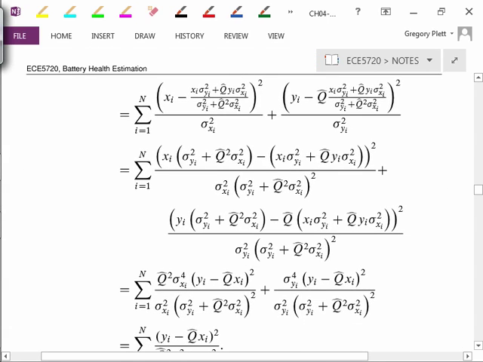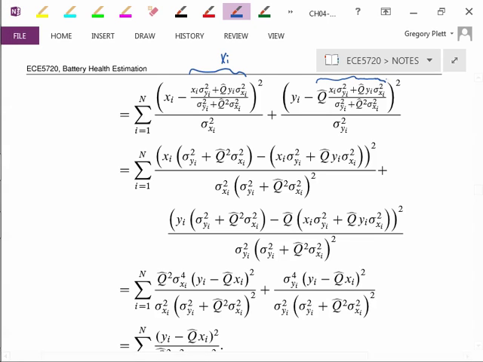There's a few lines of algebra here which look a little bit messy. They're not too bad. Again, this is the solution for capital Xi, and this here is the solution for capital Yi.